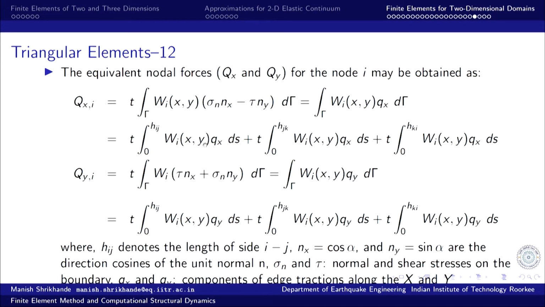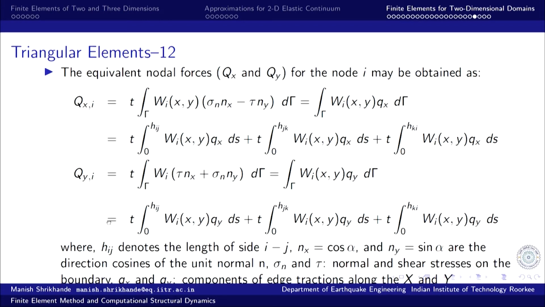So, ds is the local variable we are looking at. The element boundary ij is defined as s varying from 0 to h ij. Element boundary jk is defined by s going from 0 to h jk, and element boundary ki is defined by s going from 0 to h ki.